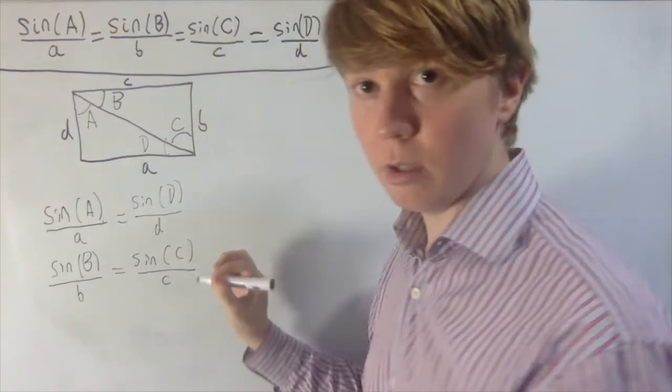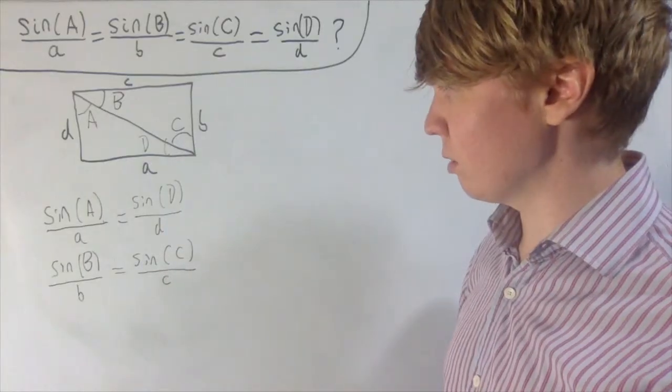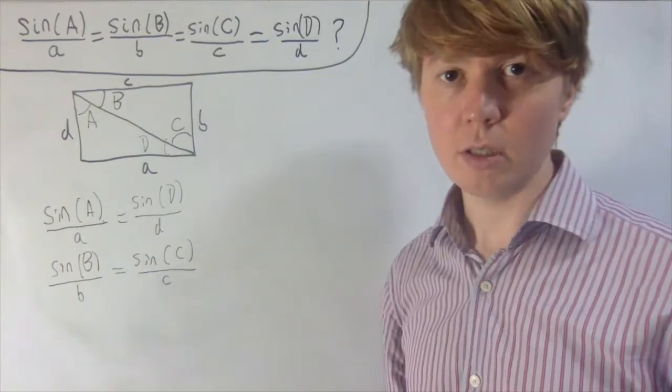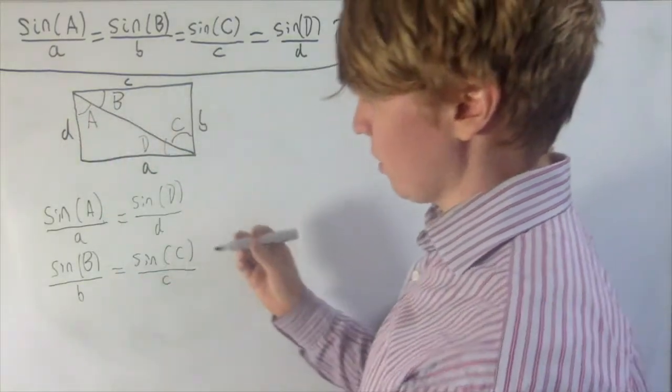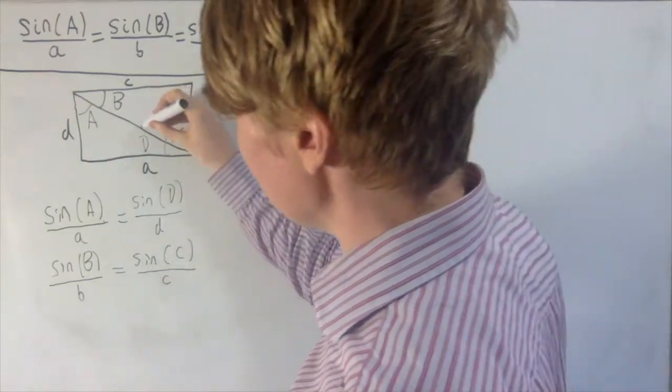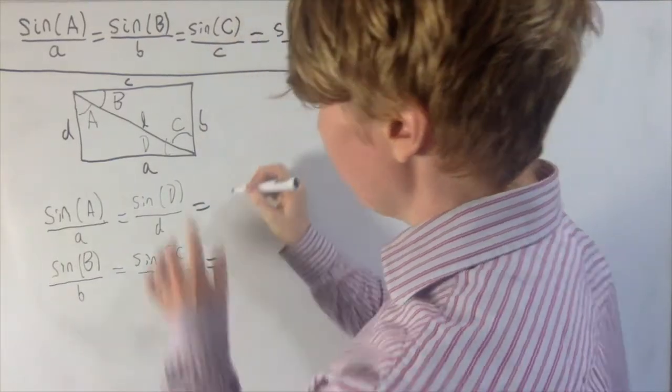So it looks like perhaps we're onto something here. Now we want to join all of this up and make sure that each of these four quantities are all equal. Why don't we have a look at this diagonal length, because this is common to the two triangles. If I call this L, we can apply the sine rule again.